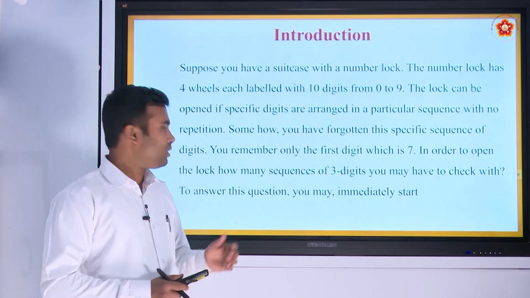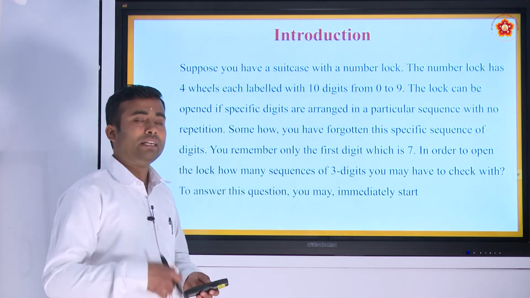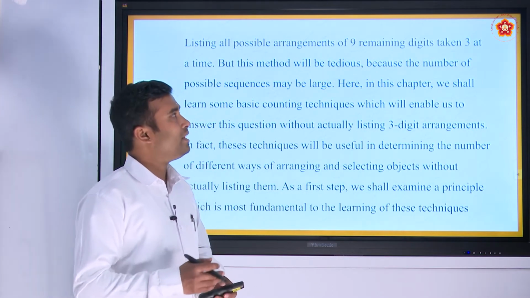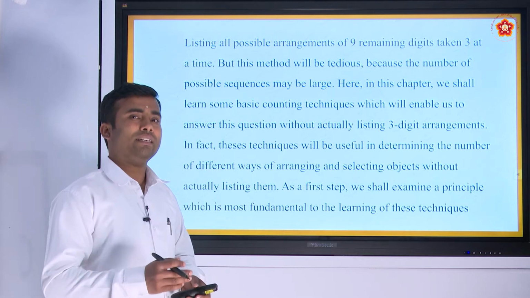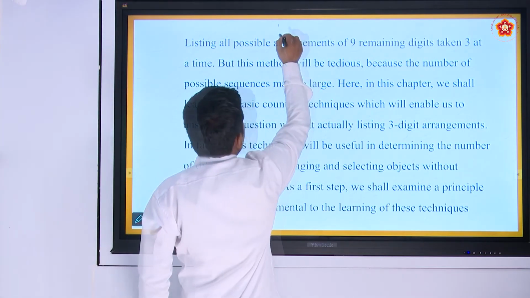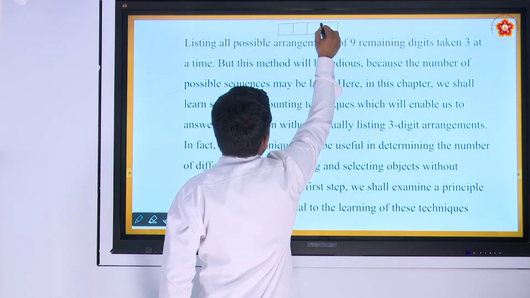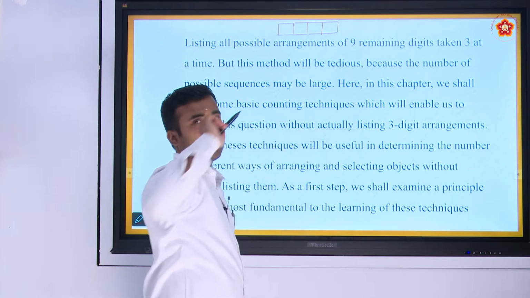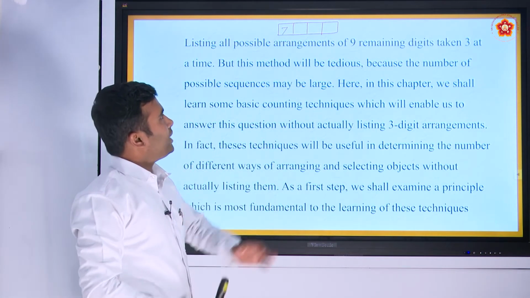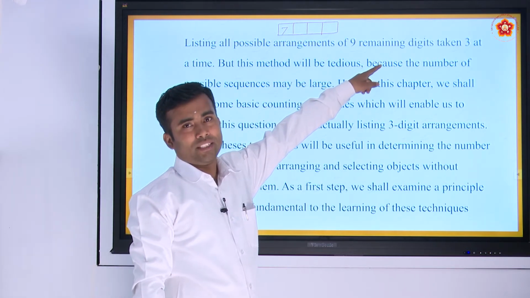To answer this question, we could immediately start listing all the possible arrangements of the 9 remaining digits taken 3 at a time. See here, the lock has 4 wheels and the first wheel we know, which is 7, and we need to take 3 digits at a time from the 9 remaining digits.